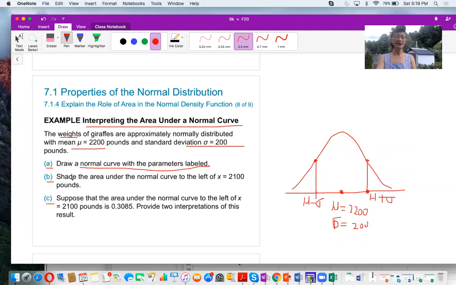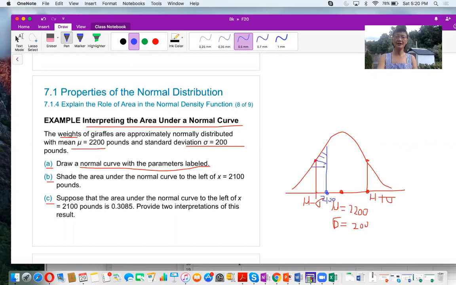Question B, shade the area to the left of x equal to 2,100. So maybe 2,100 is here. This point is 2,100. And shade this area to the left.